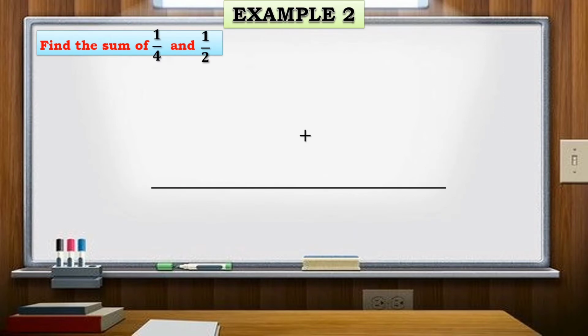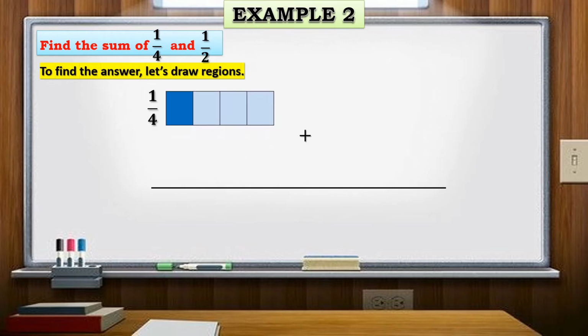Example number 2. Find the sum of 1/4 and 1/2. To find the answer, let's draw regions. Let's illustrate 1/4 and 1/2. Since we cannot add 1/4 and 1/2 because they don't fit with each other, we must cut them into the same boxes.